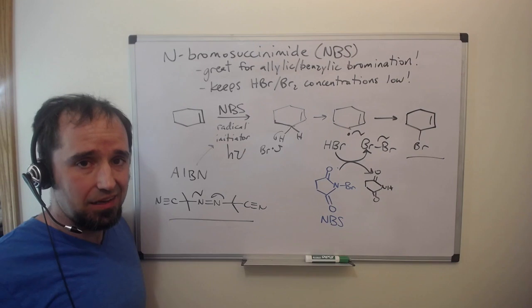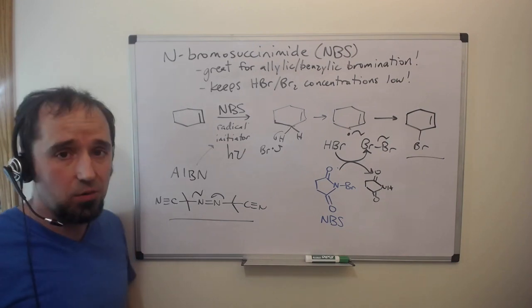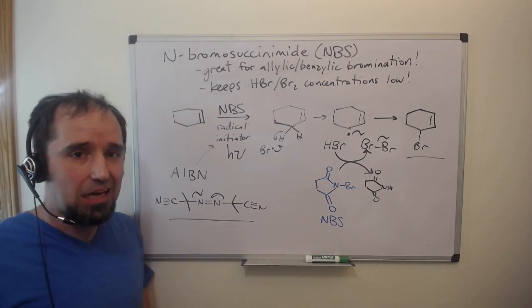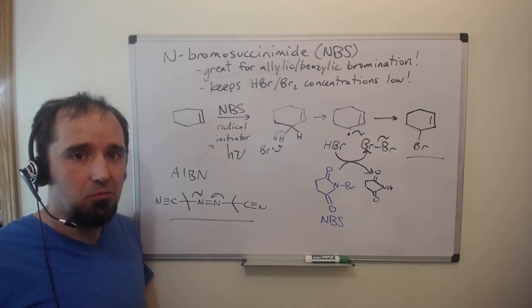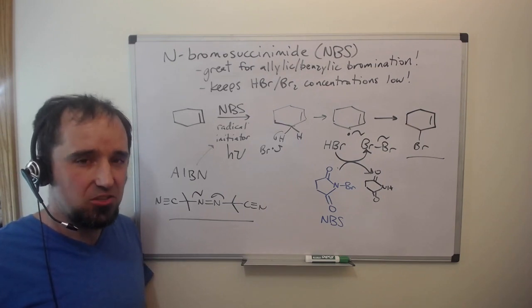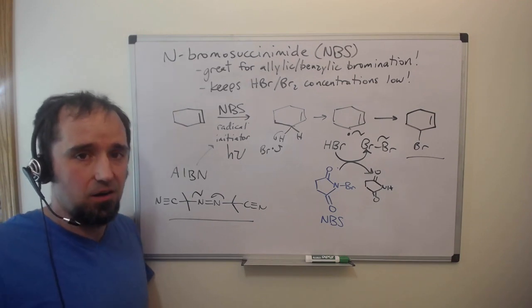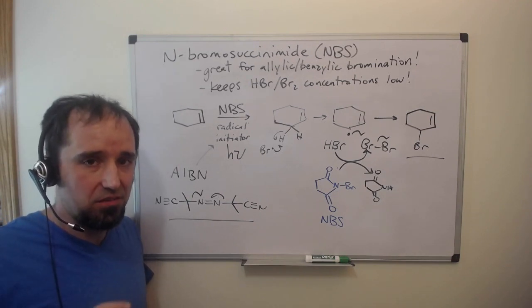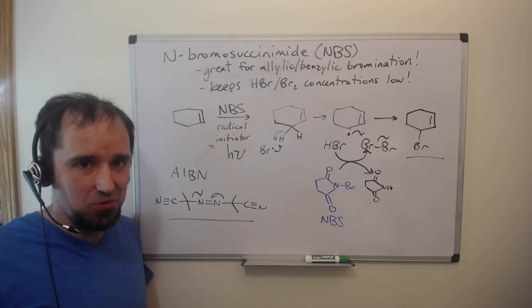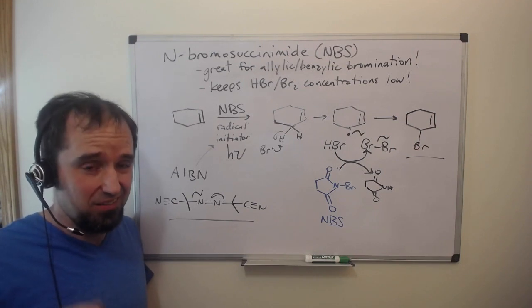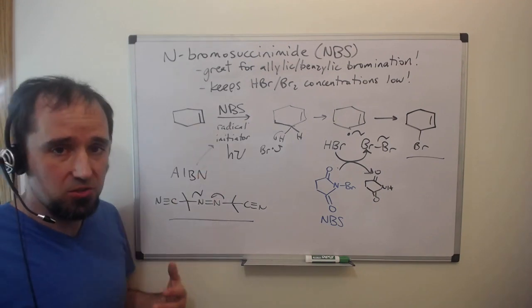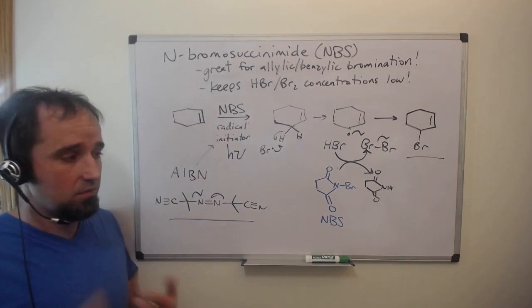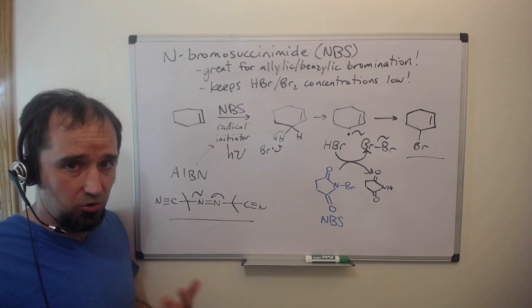Okay? So how's that going to help us? So here we go. We're going to start with NBS. And honestly, it works a little bit better if the NBS is a little bit impure, because that impurity is just a trace amount of bromine, Br2, that can help to kickstart our catalytic cycle. So this is kind of the one beautiful crystalline thing that we will not recrystallize, because a little dirty is okay. Radical initiator. So we want to make sure this goes under a radical mechanism and not just the normal nucleophile stuff.